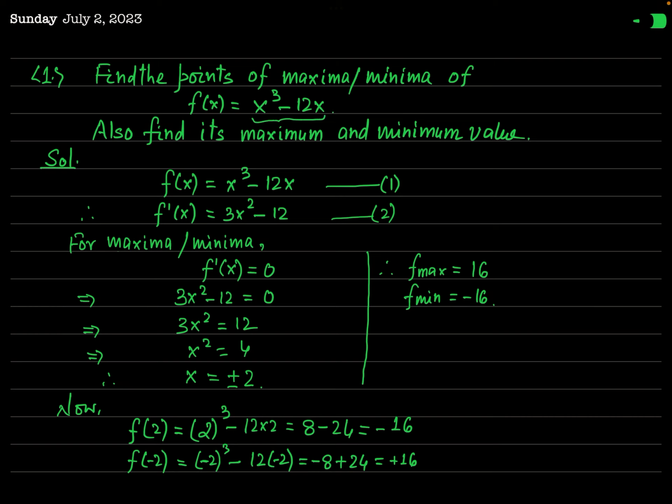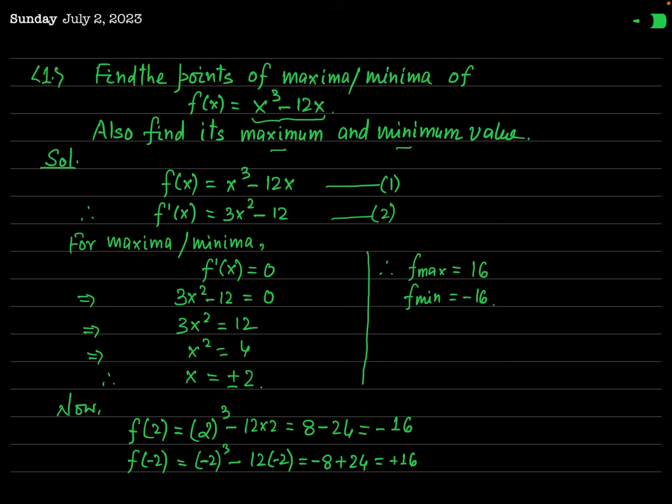So the given function is f of x, and we have to find the points where this function will be either maximum or minimum. And the second part of the problem says that when you find the points where the function is maximum or minimum, then you have to find what is its maximum value and what is its minimum value.